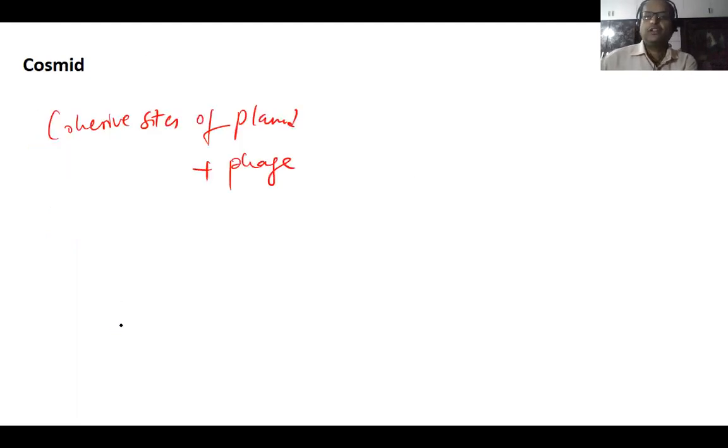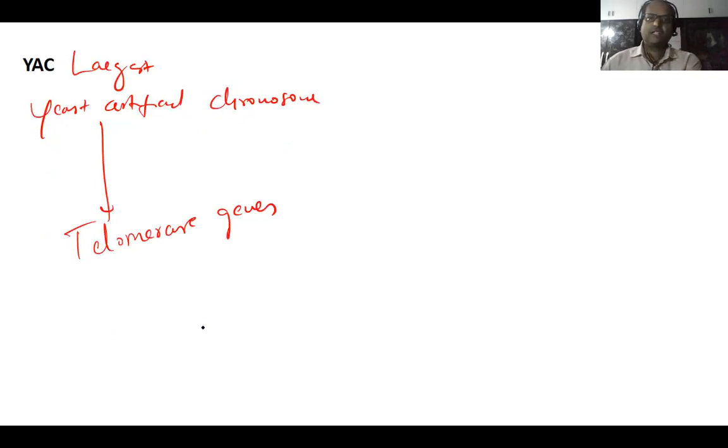Cosmid, what is a cosmid? A cosmid is also a vector. How has it been prepared? It is prepared from cohesive sites of the plasmid plus phage. YAC, yeast artificial chromosome, is considered to be one of the largest vectors. What's the speciality?